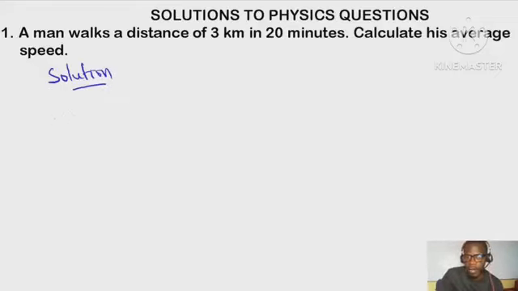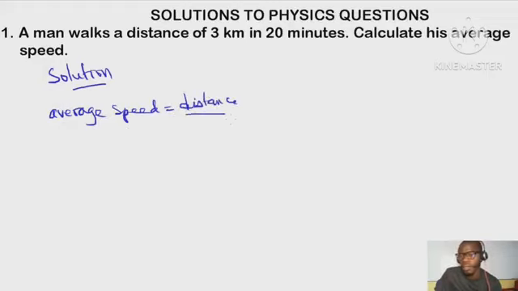So when you talk about average speed, it's talking about distance over time. And here we are going to talk about change in distance divided by change in time.